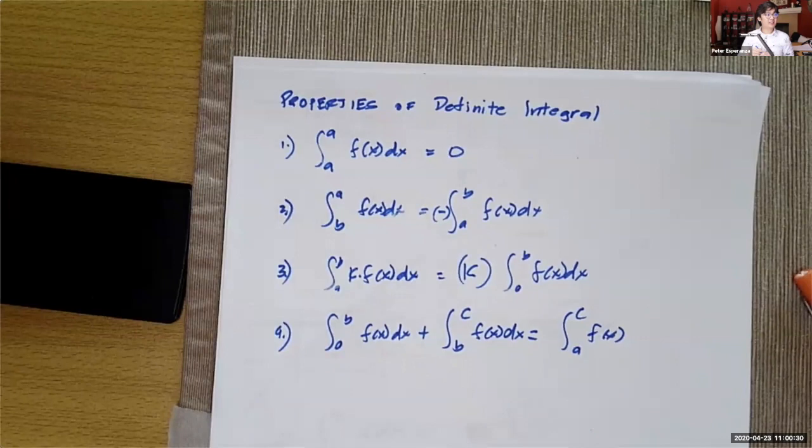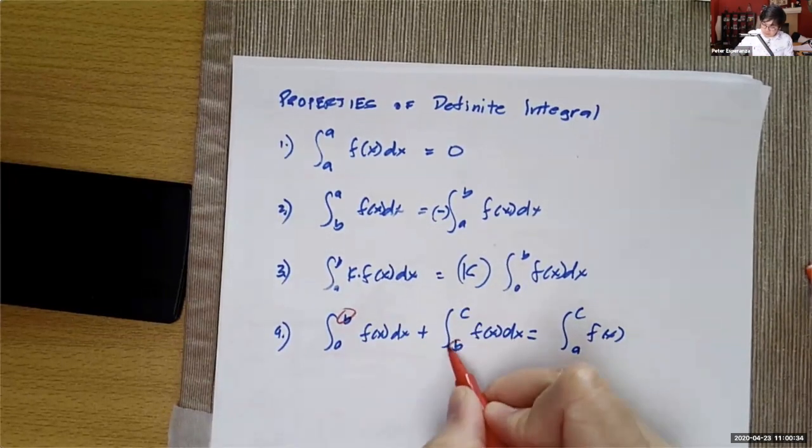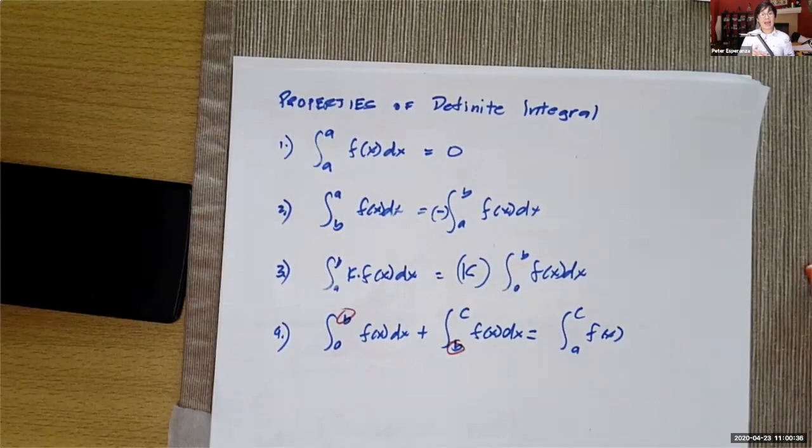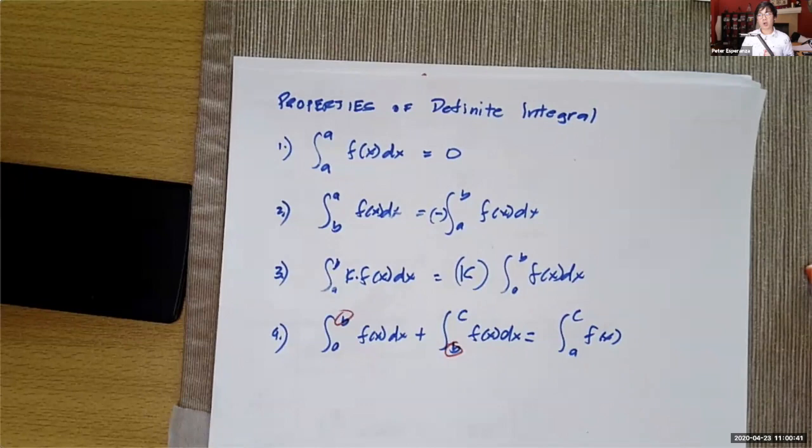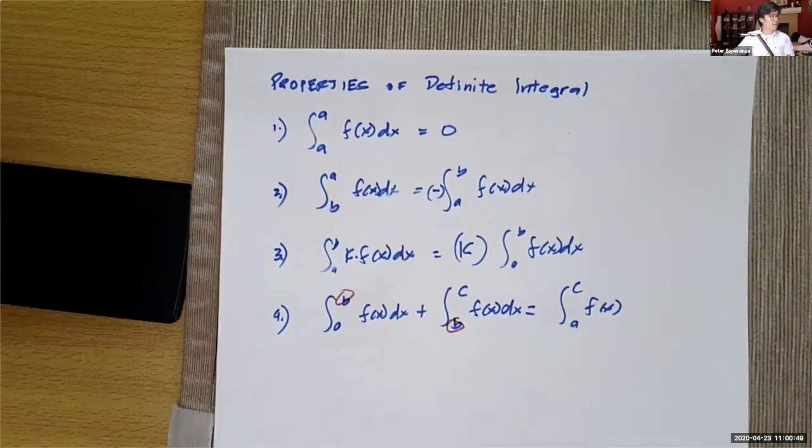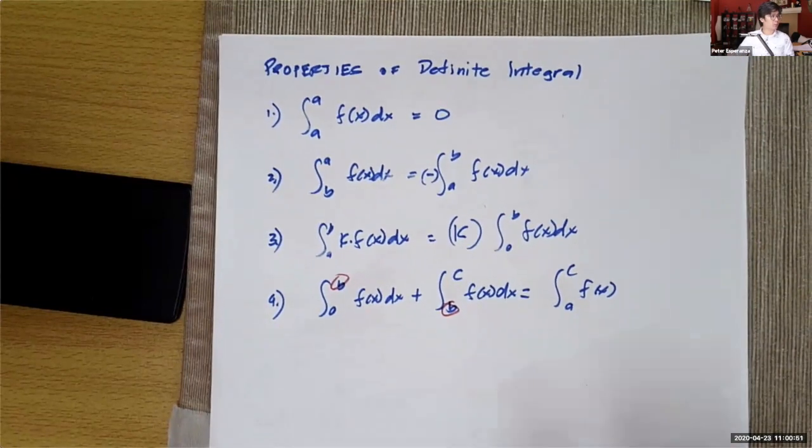So notice that the upper and the lower limit, if that happens when you're adding them, then you can perform this particular property or rule of integration. All right, so these are some of the properties that you should remember so that when we see problems like this, it will be a lot easier.